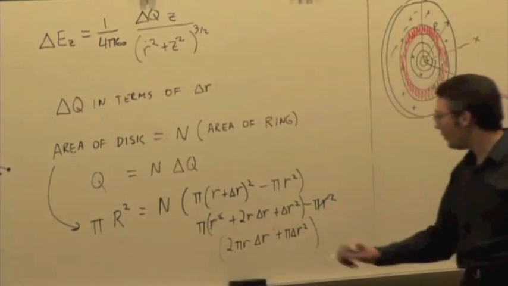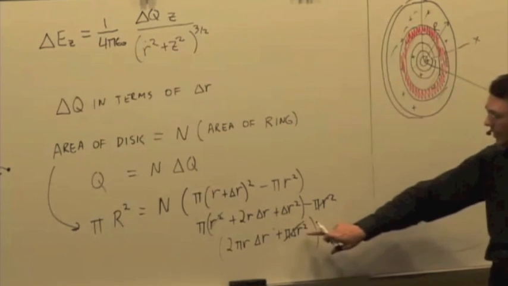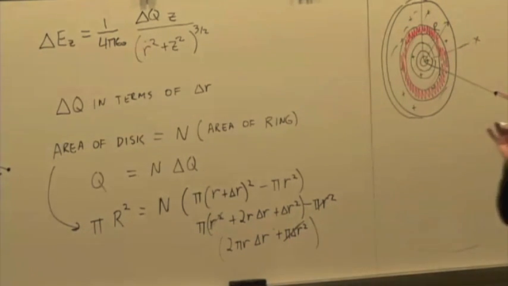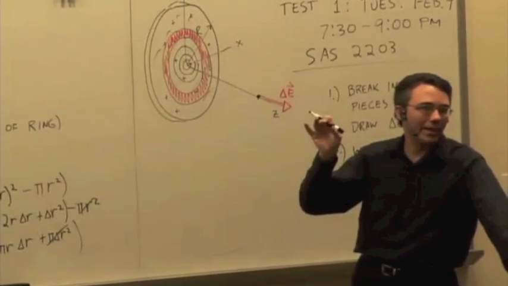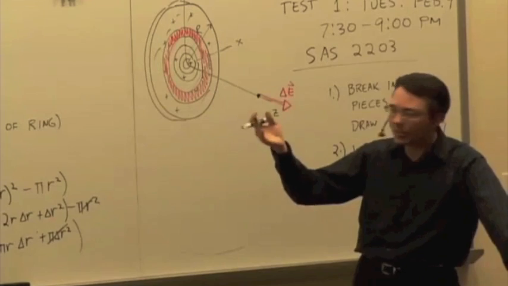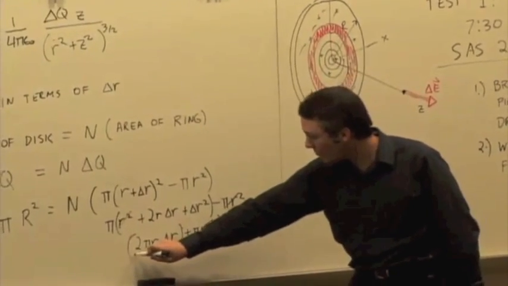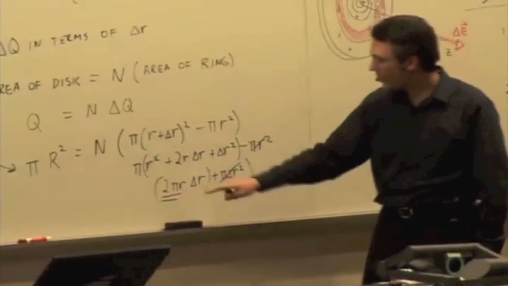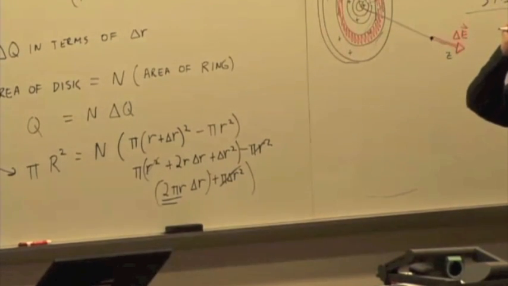Well, it turns out that this term kind of goes away, because delta r is a tiny little number. If you square a tiny little number, you get an even tinier little number. So really, it's only this term that matters. The way you can think about this is you have the circumference, 2 pi r, the distance around, times the thickness.